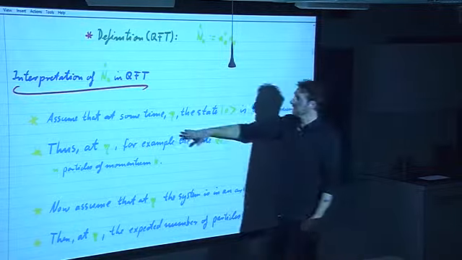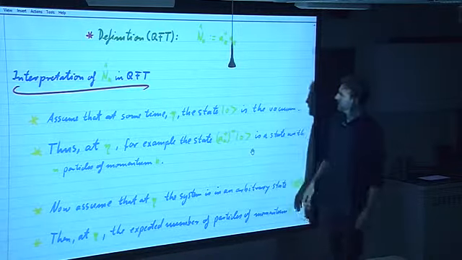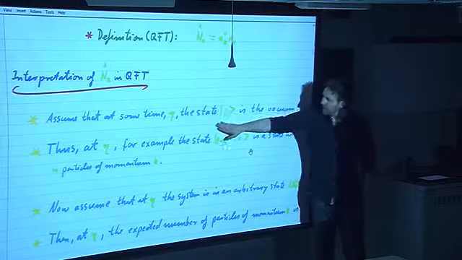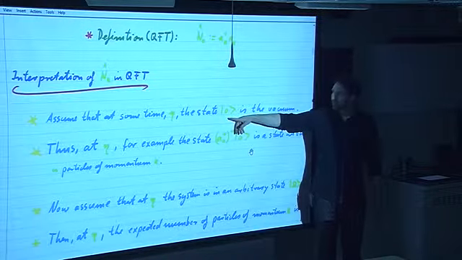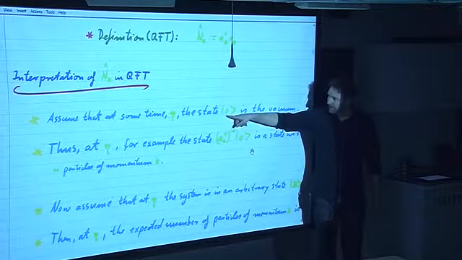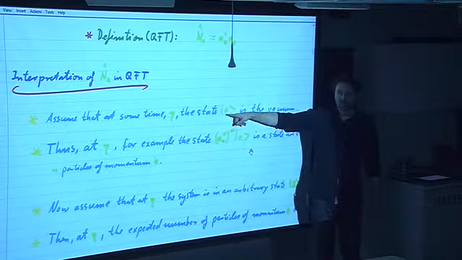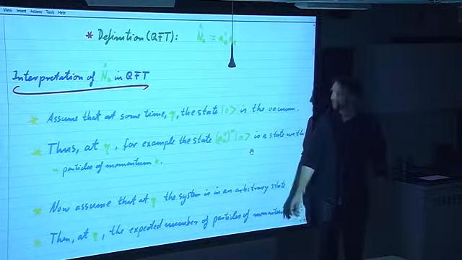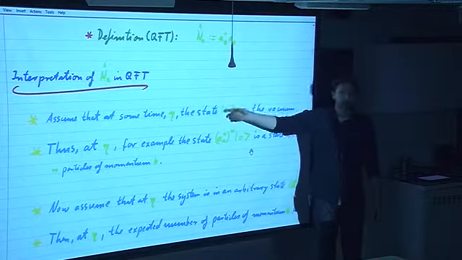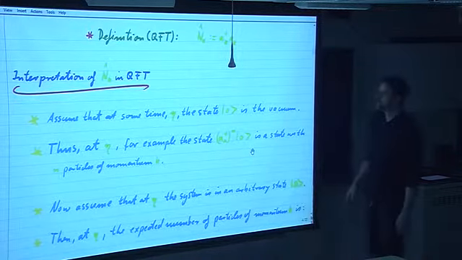So let's assume that at some time eta, the state 0 is annihilated by the A_k operators, and by that I mean the vector in Hilbert space which is annihilated by the A_k operators, without the tilde. So also the A operators will not have a tilde.